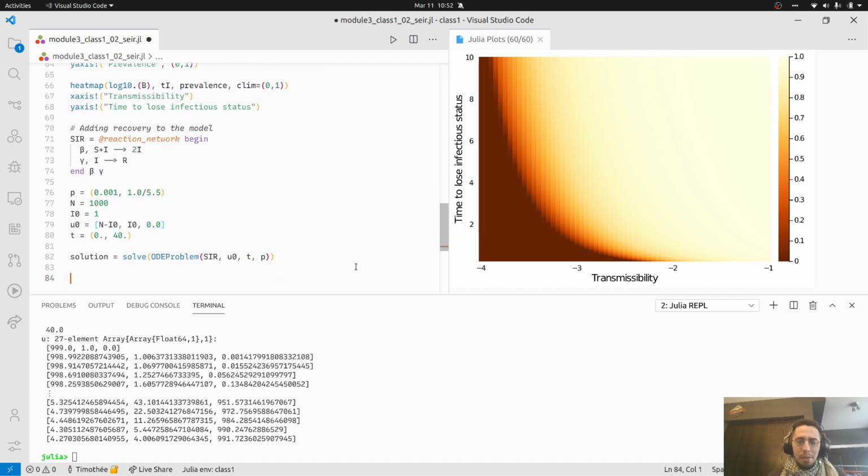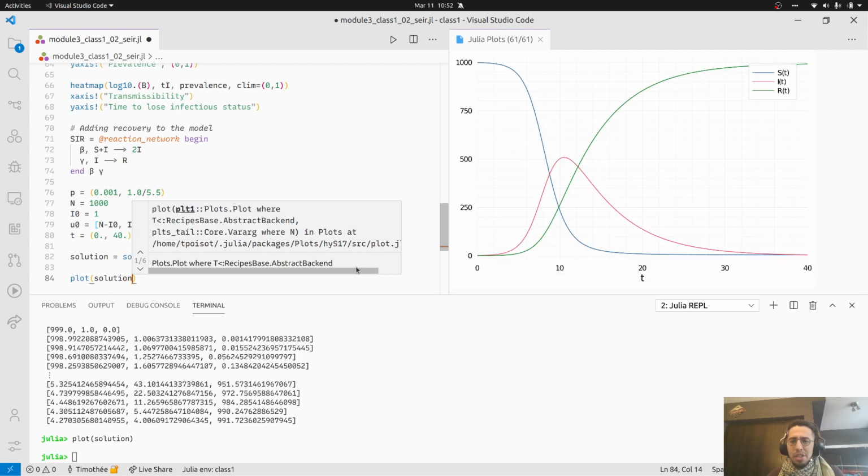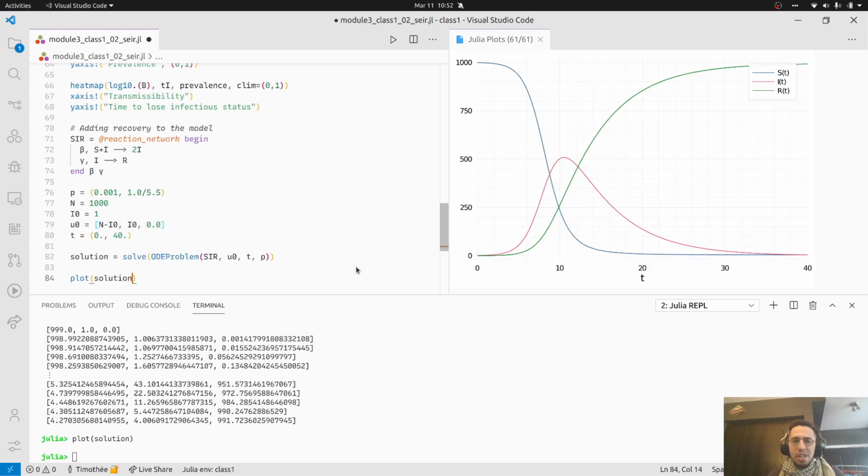And we can make a little plot. We now have three different compartments in here. We have blue is susceptible, pink is infectious, and green is removed.